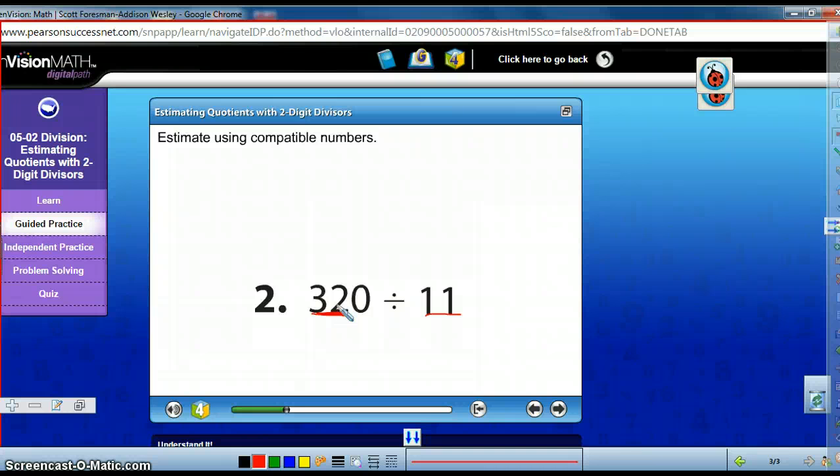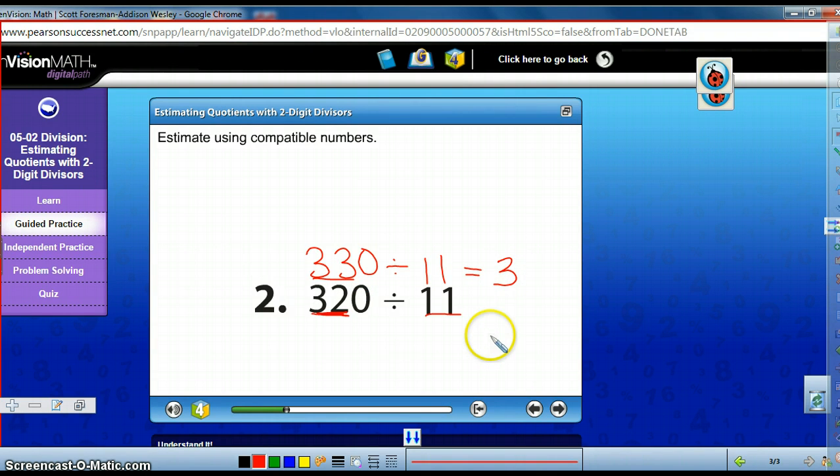Nope. 11 times nothing gives us 30. It does go into 33. 3 times. And so instead of 320, this number is going to become 330. 330 divided by 11. So 11 times what gives us 33? 3.